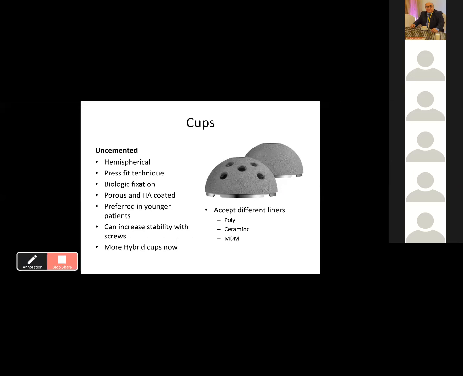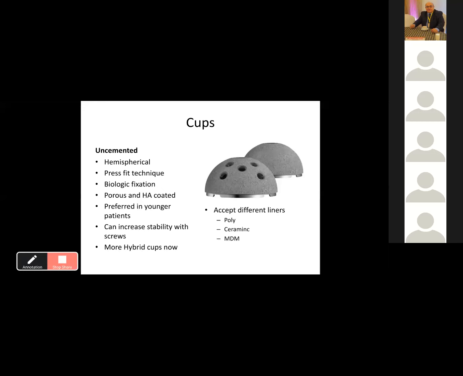For the hemispherical cup, you generally use a press fit technique, so you underream by one and then you wedge this in, so you get your initial stability by a press fit, and then you get your biologic fixation. They're usually very porous, they have HA coating, so again you get your biologic fixation more quickly. And if you need to, you have the ability to place screws.